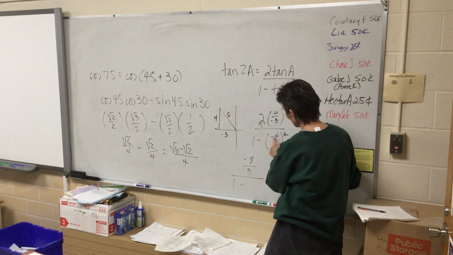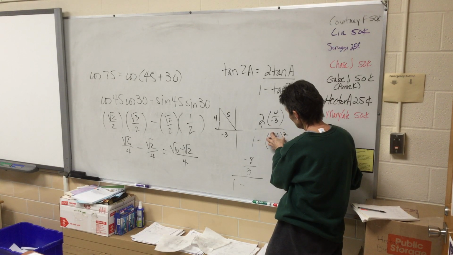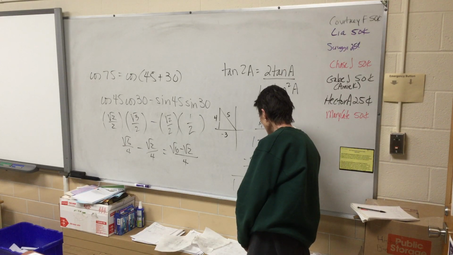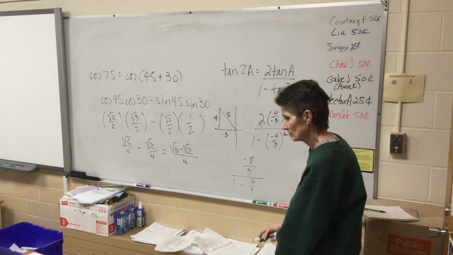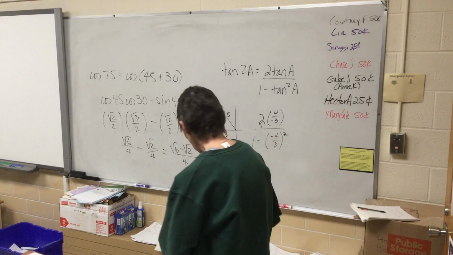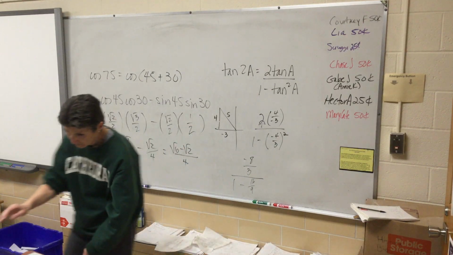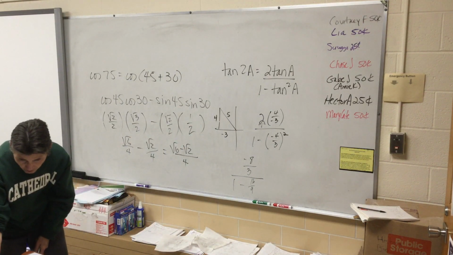These negatives don't cancel because that one's going to get squared. So it's still going to be 1 minus 16/9.